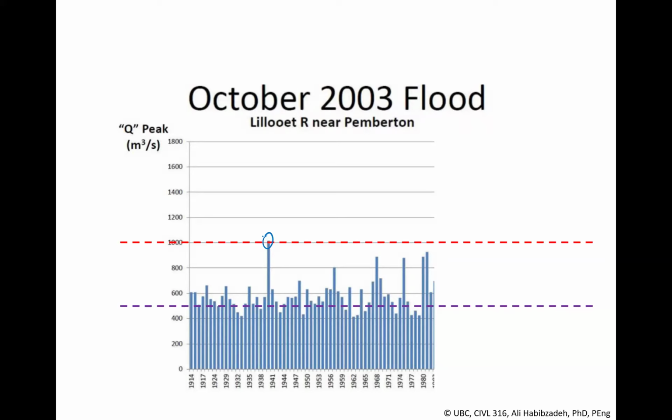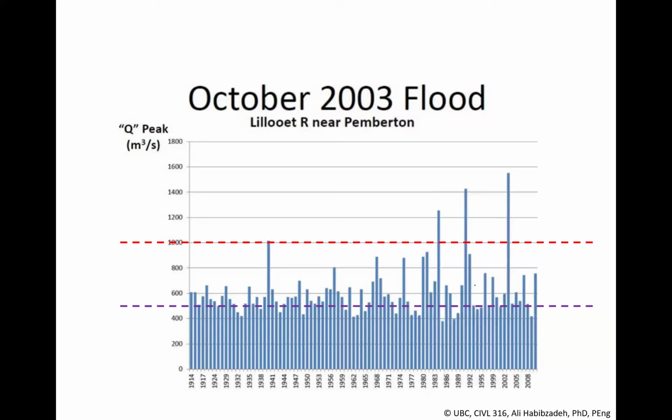The challenge is that's not what happened. The data after that actually showed higher peaks. See, larger flows actually happened here and here and here. Three of them in a decade or two. So this is where we kind of had the data before, and that is why we can't just take the maximum peak and project it into the future.